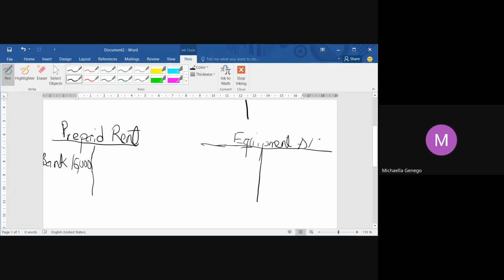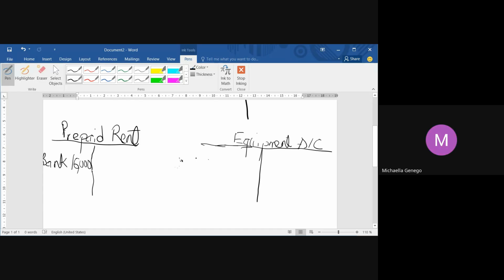So what is happening? Please, is it necessary to write the date before making the entries? You can choose to write it at the side somewhere here, but it's not really necessary. Okay, you can write it here before you put in the entry.